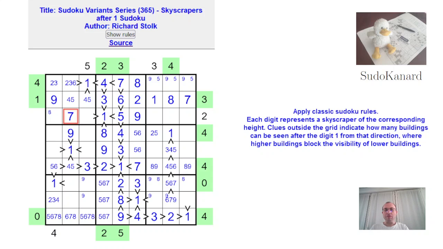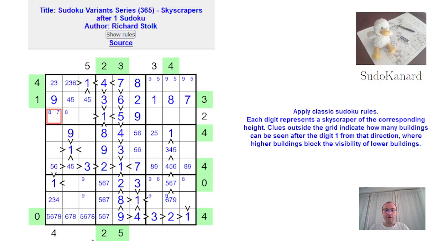But 7 here wouldn't work, because then it would push 8 to this position and this digit would be seen, and this would have to be a 3. So 7 is here or here. But here it wouldn't work because of this 5. That's the key. 7 here would contradict this 5, because then we would see this, 8 and 9, that would be only 4 digits.